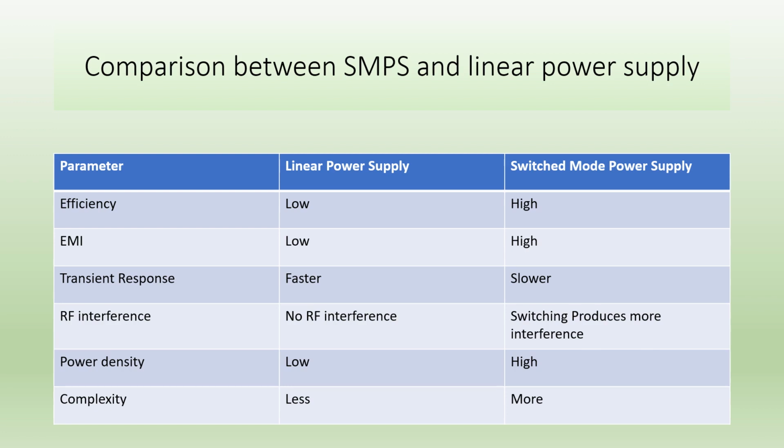So why is power density high in switch mode power supply? We know that induced EMF is equal to 4.44 into frequency into magnetic flux into number of turns. Once again I will repeat. Induced EMF is equal to 4.44 into frequency into magnetic flux into number of turns.